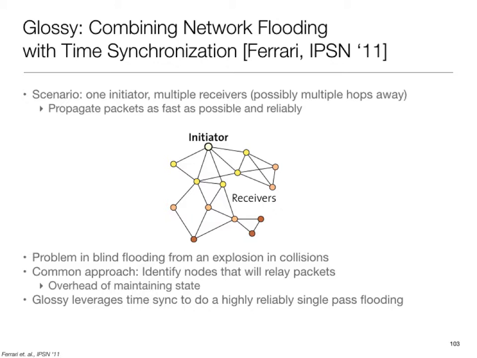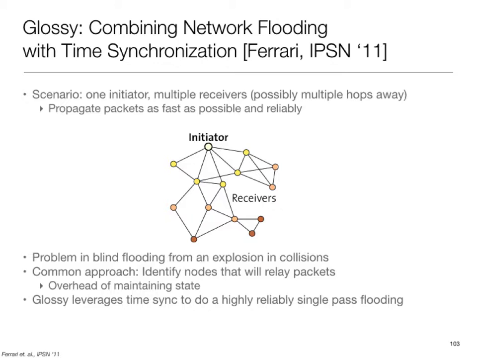The problem they try to address, strictly in a wireless context, is that flooding in a wireless network is a pretty expensive proposition. And the reason it's very expensive is that there is an explosion of traffic that happens.